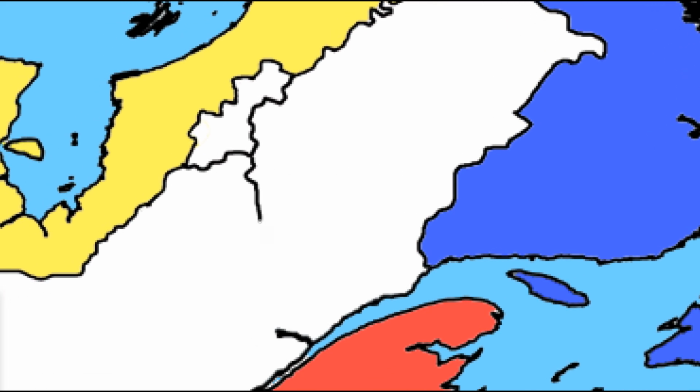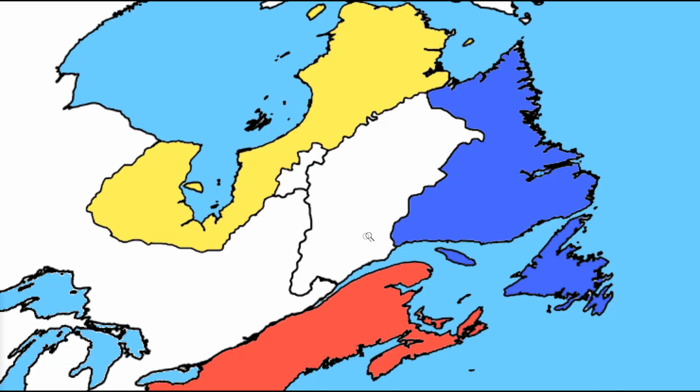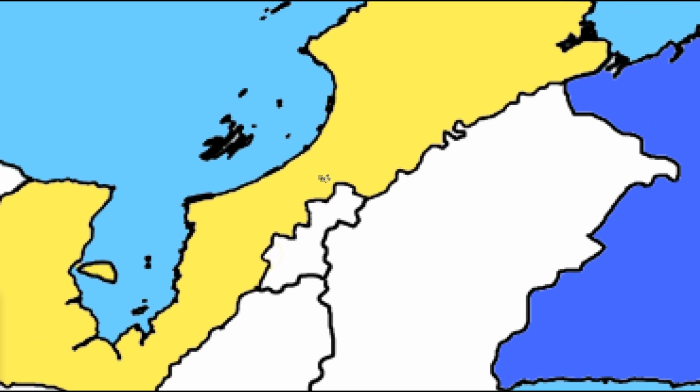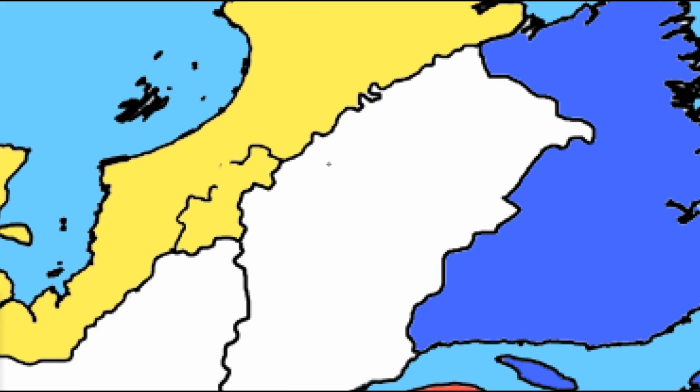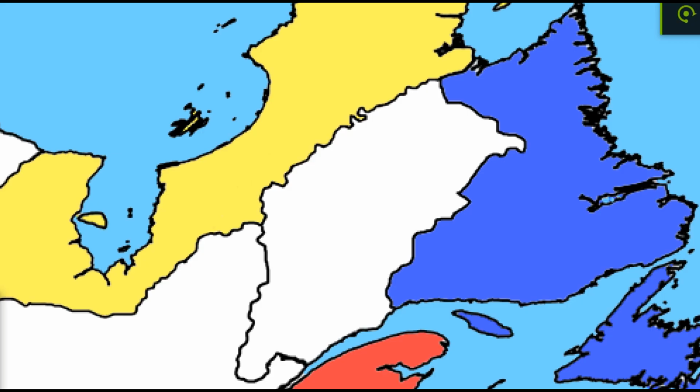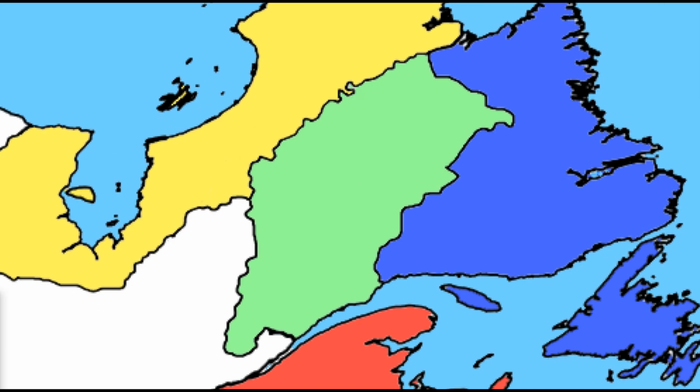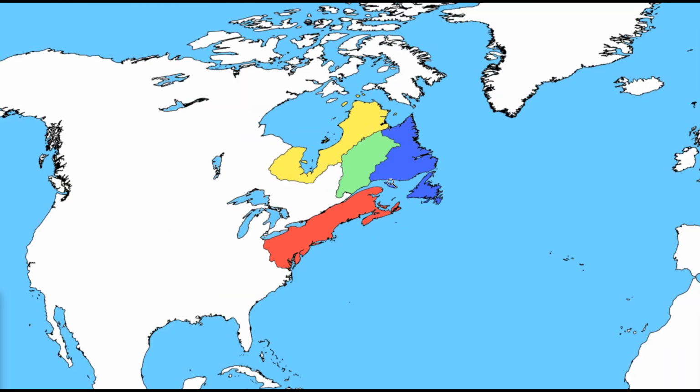And then we can do another country that goes maybe down right here, but they don't have that area up to this river. So now with the new borders, it looks something more like this. And this new country's color is going to be a lime green, kind of like this. And this actually looks pretty good, I think.